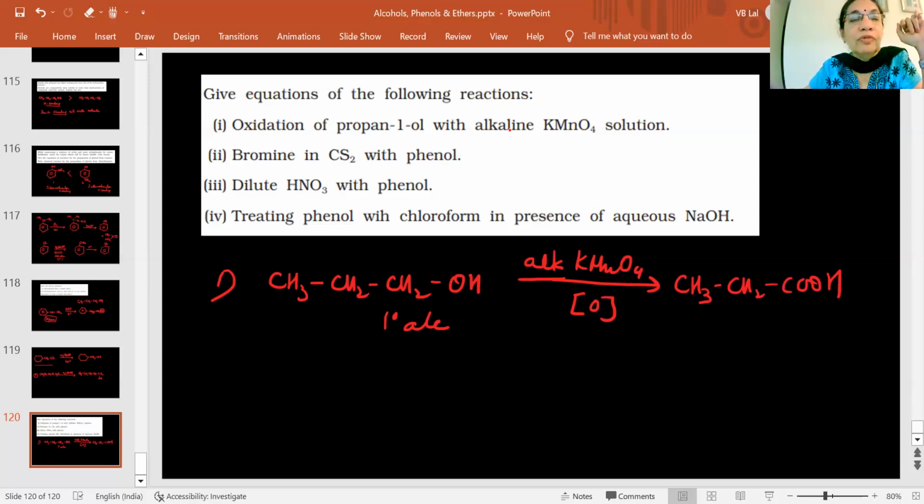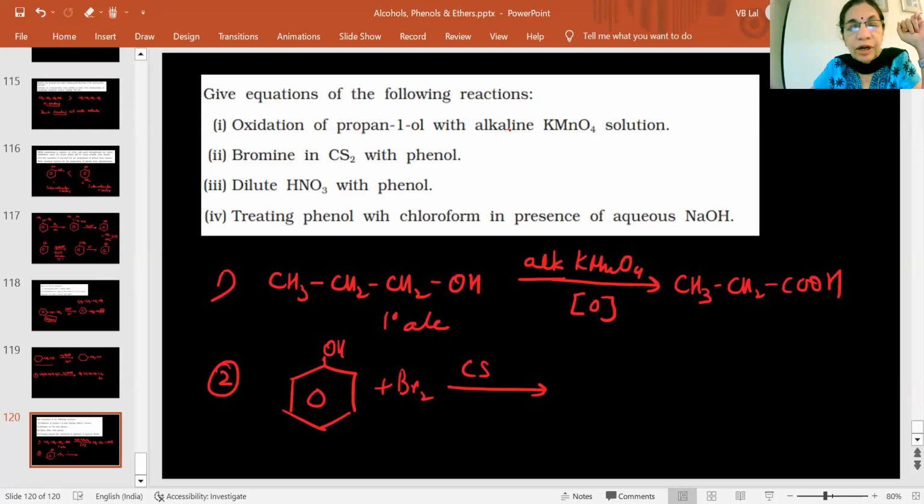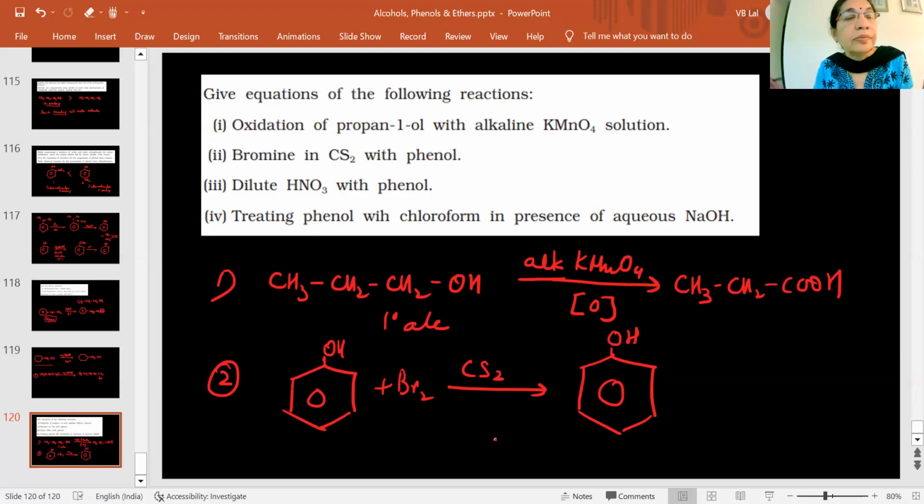Now, bromine with carbon disulfide with phenol. So I have phenol here. And what is the reagent I am using? Bromine in presence of carbon disulfide, which is a non-polar solvent. What is the product that I will get? Hari Raghav, can you tell me the product? You are not answering well.